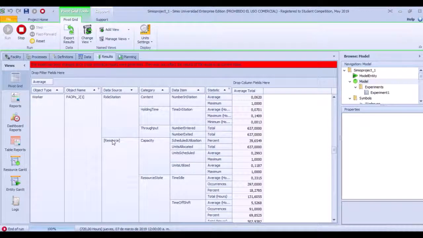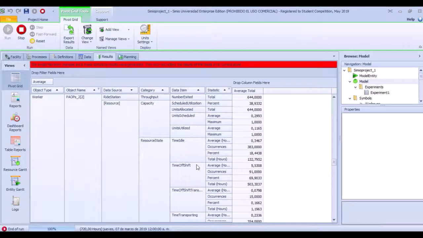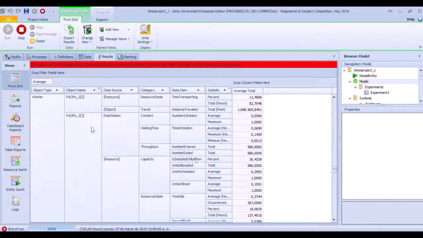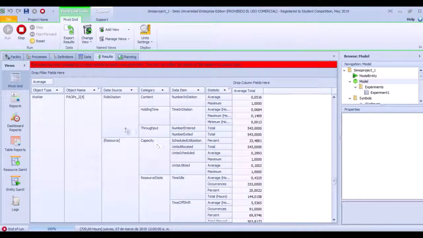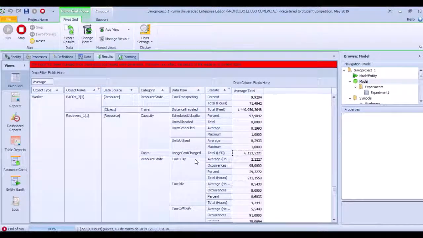So for put-away operator shift 2 sub 1, we can see that its utilization was 39.7%, and put-away operator shift 2 sub 2 was utilized at 38.9%. Shift 2 sub 3 was used at 36.5%, and shift 2 sub 4 was used at 33.5%.